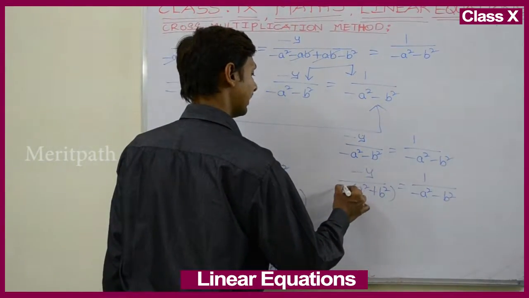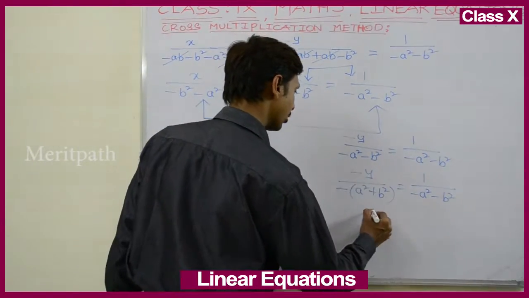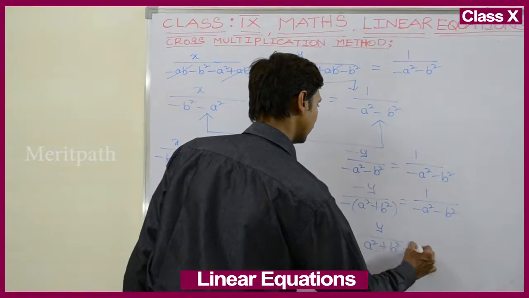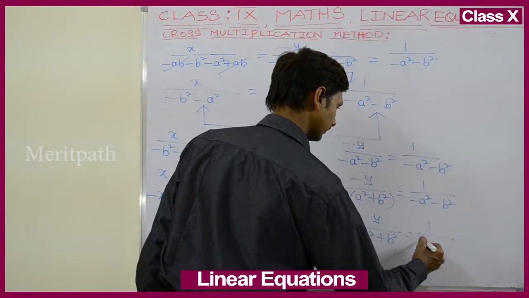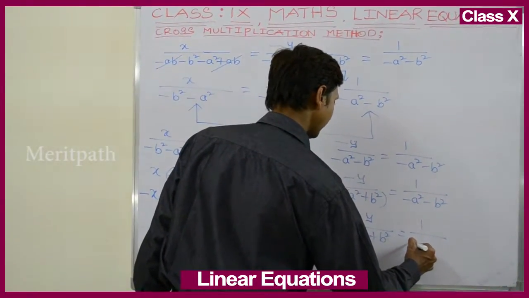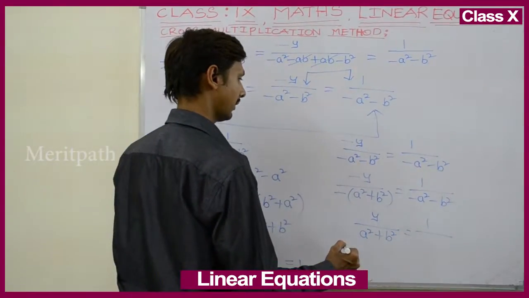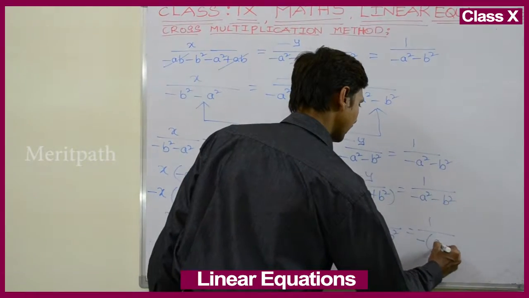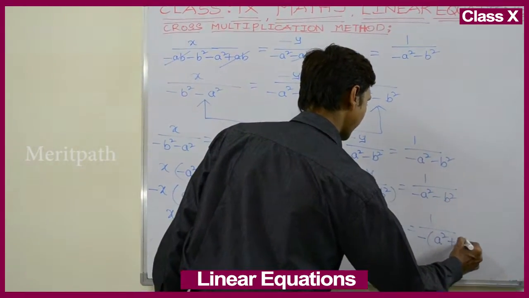So let us cancel minus on both sides, the numerator and denominator. y by (a square plus b square) equals 1 by, then we have taken minus common, and there is a minus, a square plus b square.